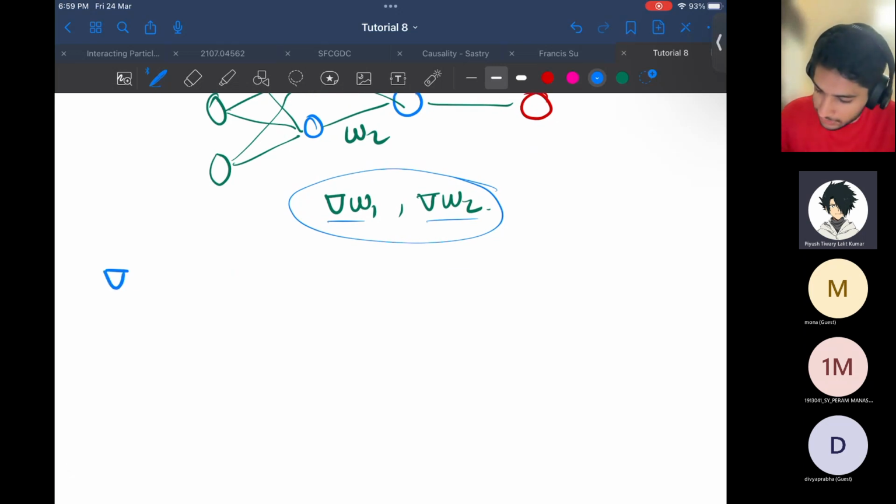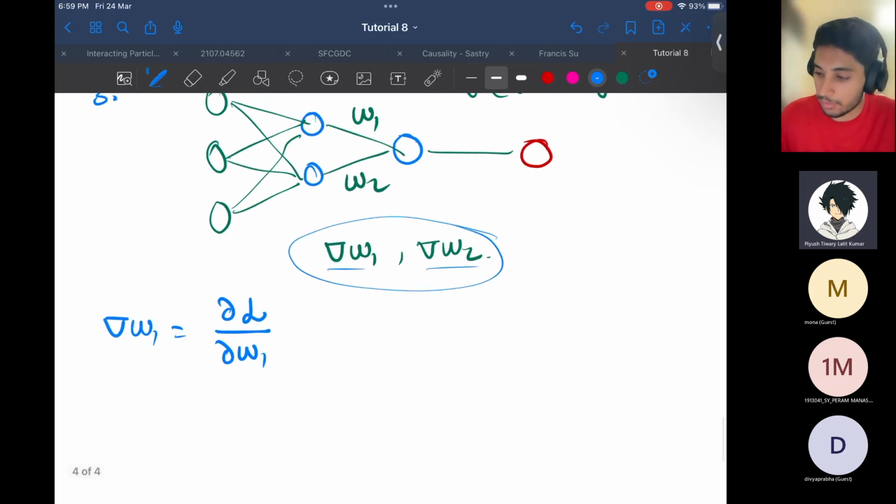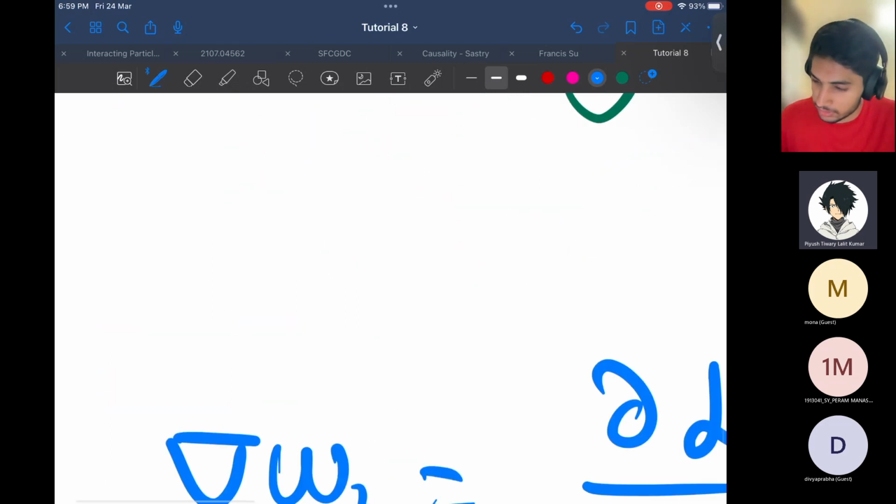So let's see what gradient of W1 is. This is the gradient of the loss function with respect to W1. I hope this is clear. Let me zoom in here and write it down.